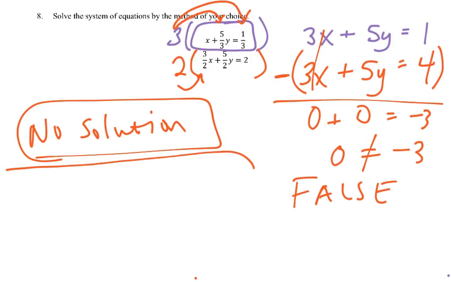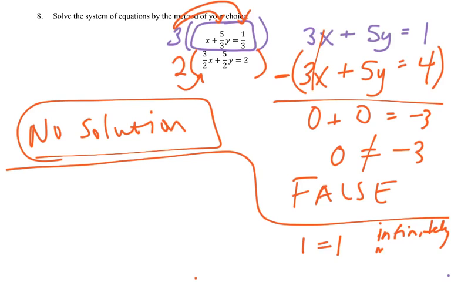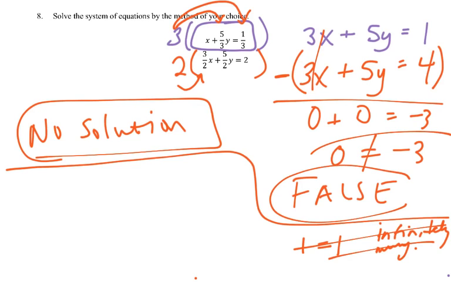If, when you solved, you had gotten something that was very obviously true, like 1 equals 1, which is always true, that's when you end up having infinitely many solutions. Okay, but since we got something that was completely false, 0 does not equal -3, we end up having no solution to the system of equations.